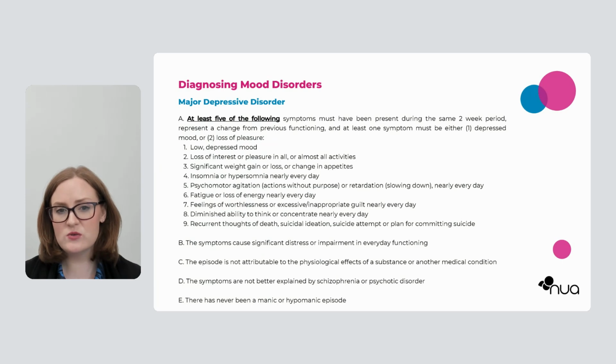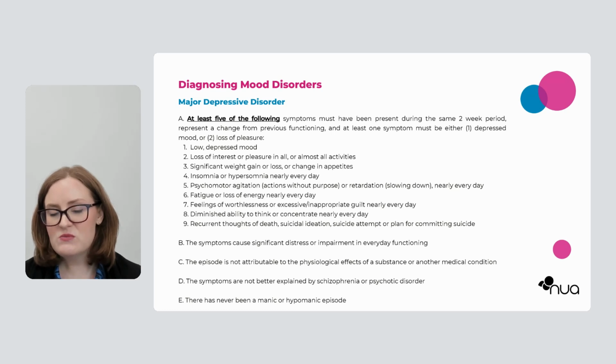Next, let's look at diagnosing mood disorders. We're going to look at major depressive disorder first. So firstly, at least 5 of the following symptoms must have been present during the same 2-week period, and it must represent a change from previous functioning, and at least one symptom must be either depressed mood or loss of pleasure.